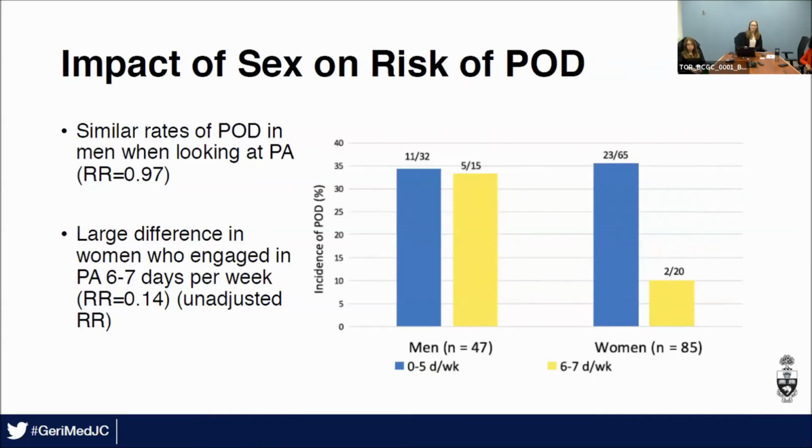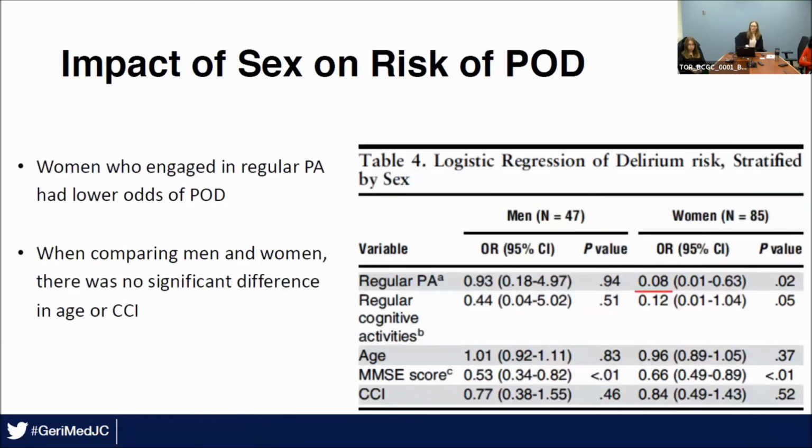So they actually found that women who engaged in physical activity 6 to 7 days per week had a relative risk of 0.04 or 14 compared to those who engaged in less than that. And then they performed a logistic regression on that, stratified by sex, and again, they found a significant difference. So they found an odds ratio of 0.08 here with women, but they didn't find any significant difference in the men who engaged in more physical activity.